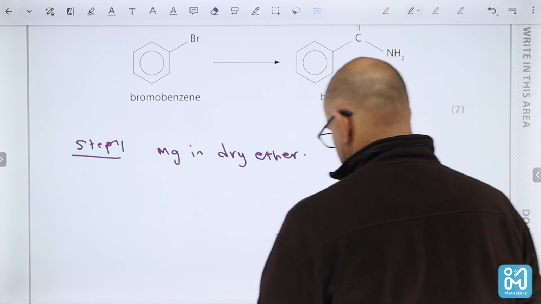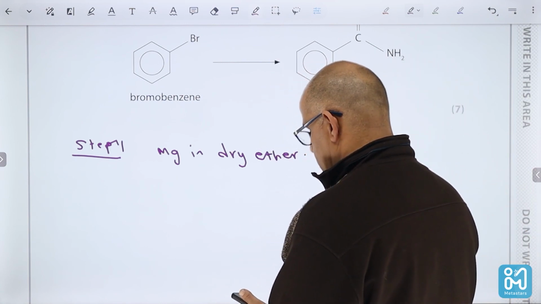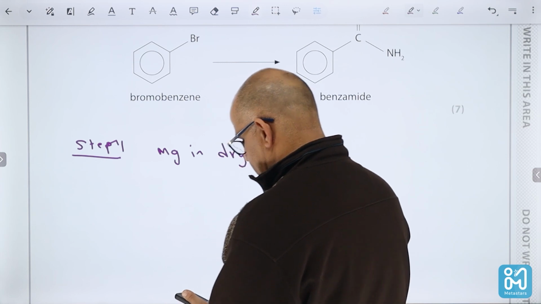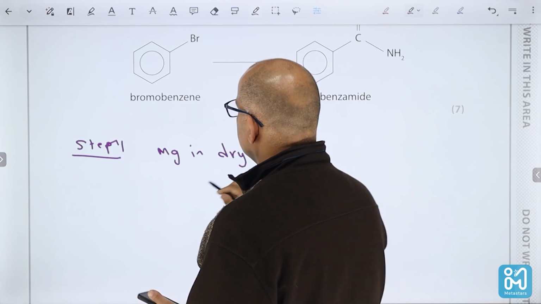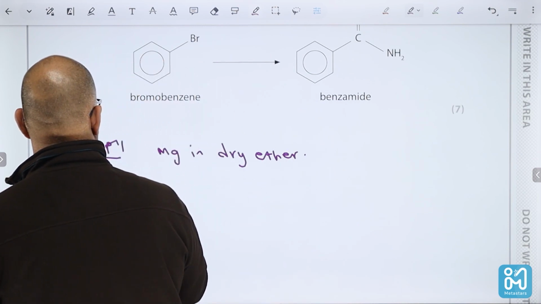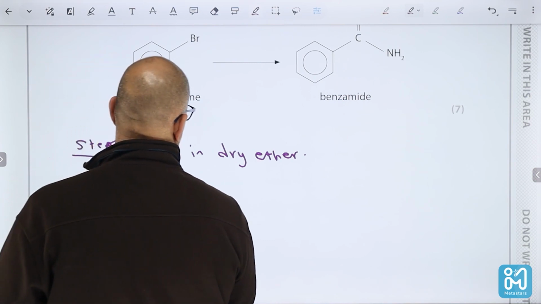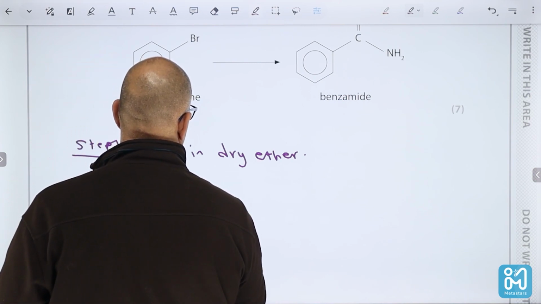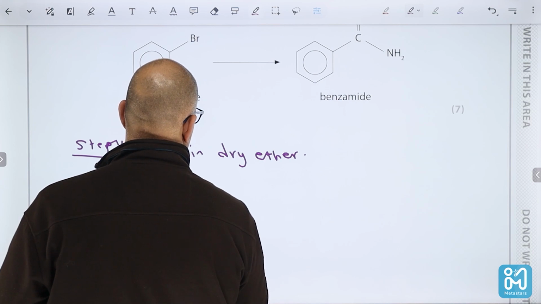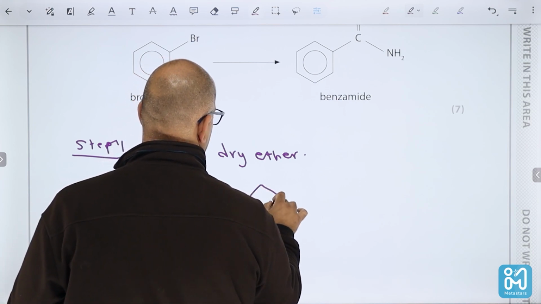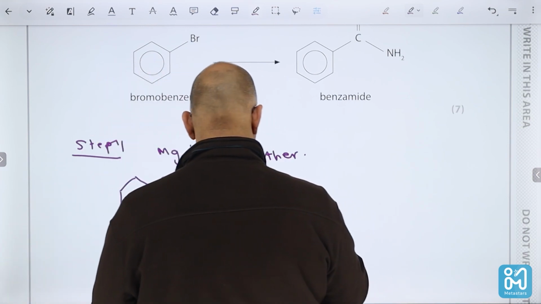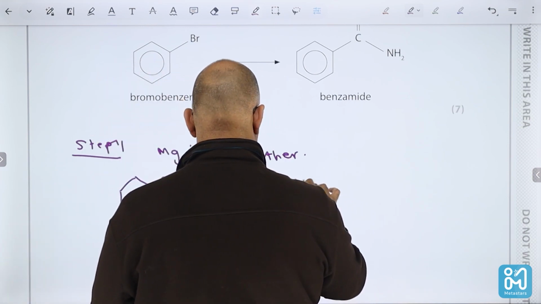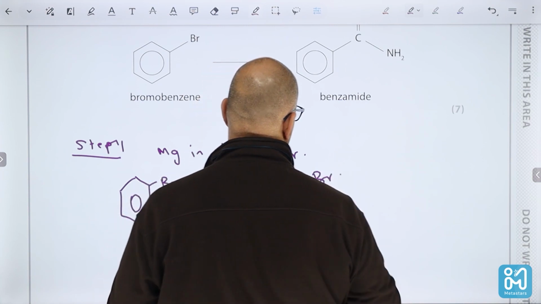This will react with the bromobenzene, and if you react this with Mg in dry ether, this will give you this one, which is PhMgBr.